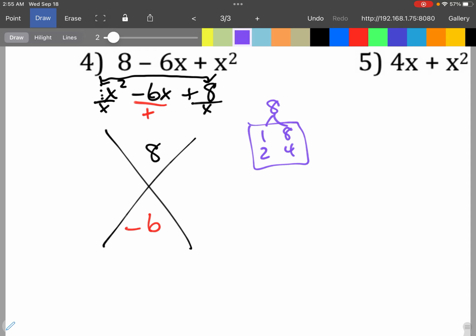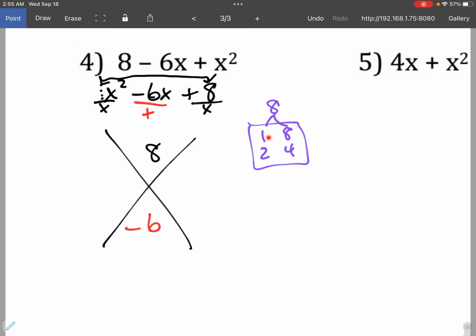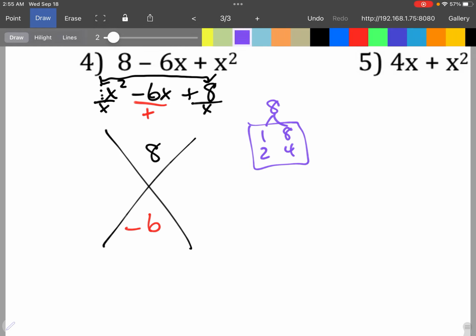If I add 1 and 8, oh yeah, this 8 is positive now. If I add these two, I get 9. Add these two, I get 6. So clearly, how do I make it a -6? Ta-da! Everybody knows a negative times a negative is still a positive, okay?